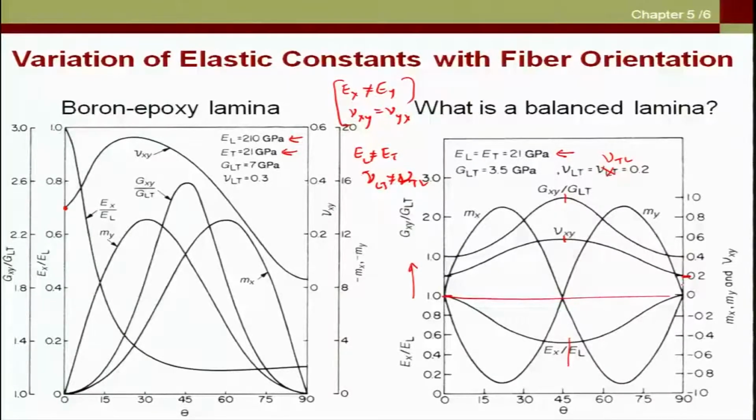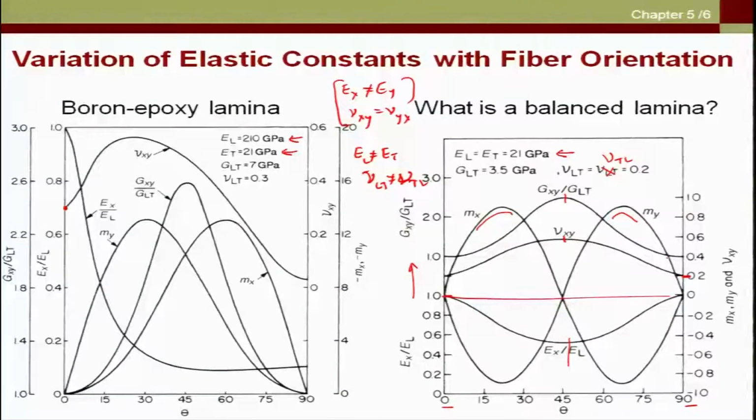So, it is 0.2 at 90 degrees and it is 0.2 at 0 degrees, and then mx and my are also behaving. This is the equation for mx, this is the equation for my, and they also behave in a very symmetric, nice way.